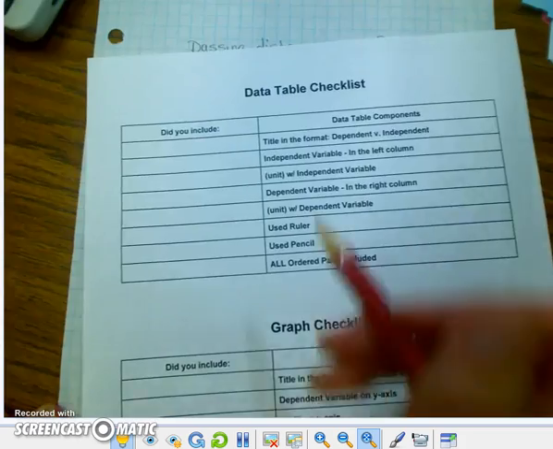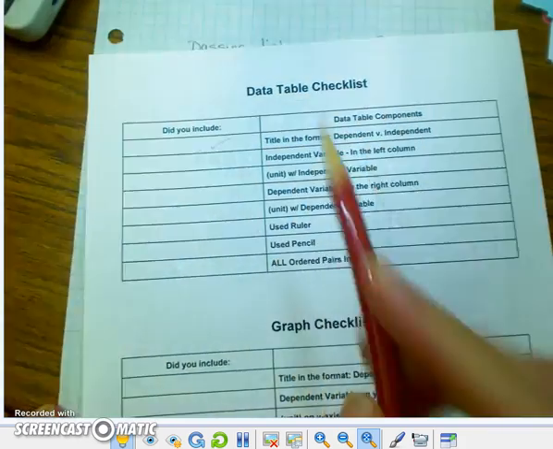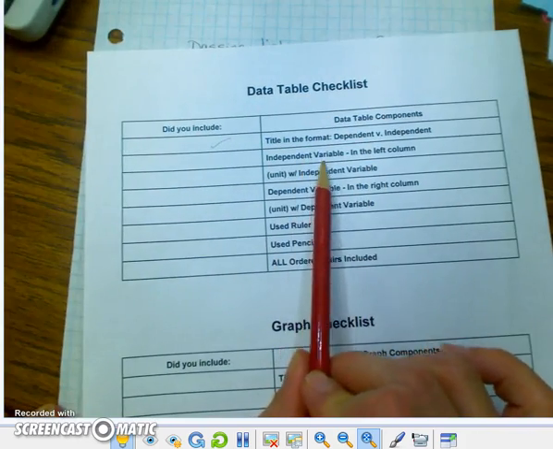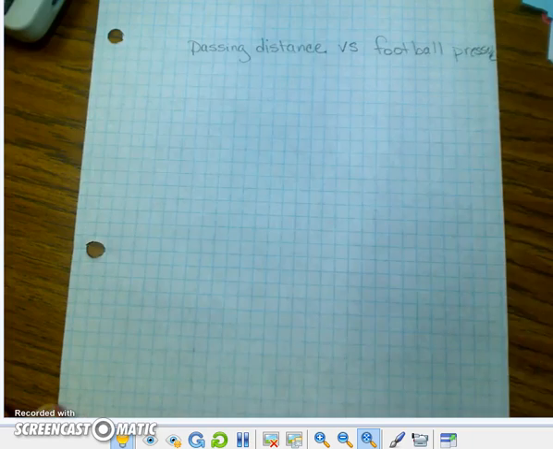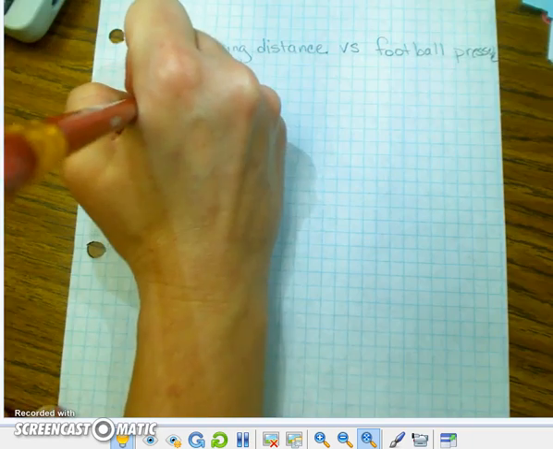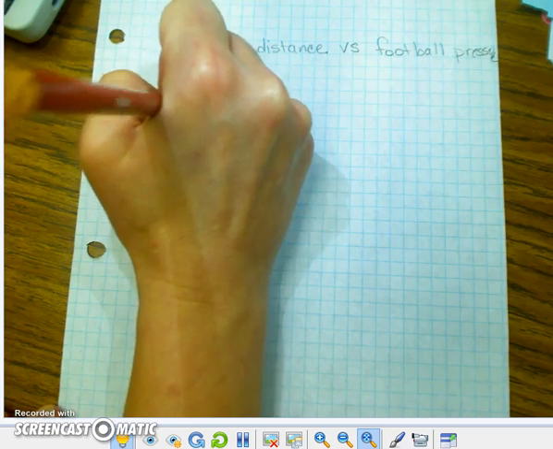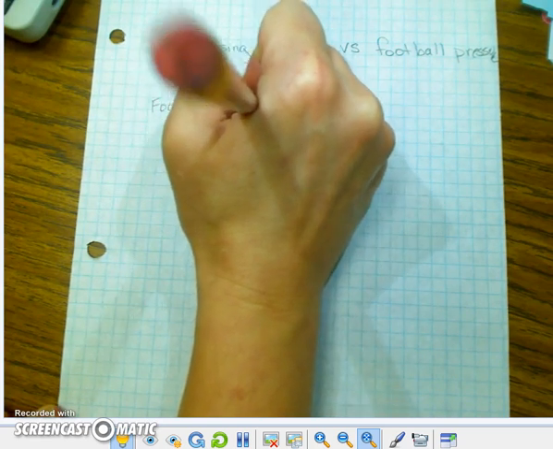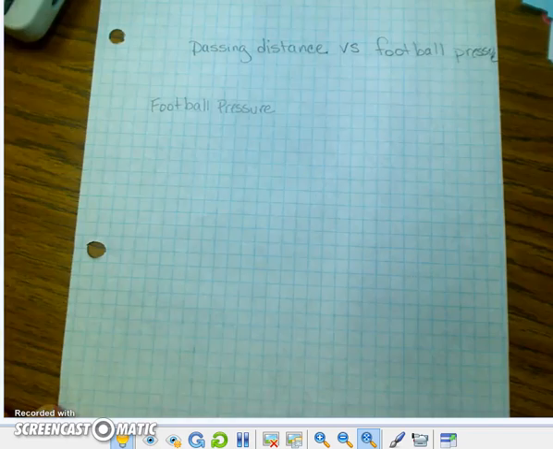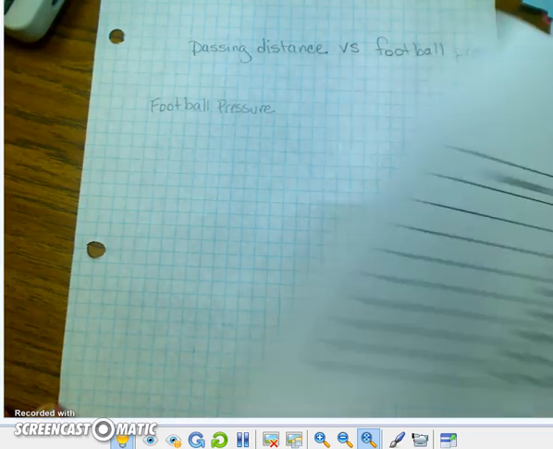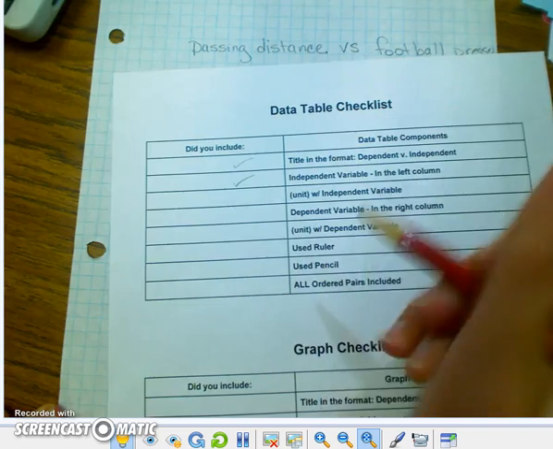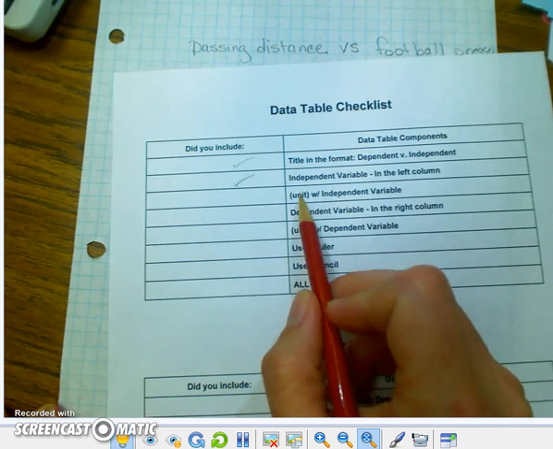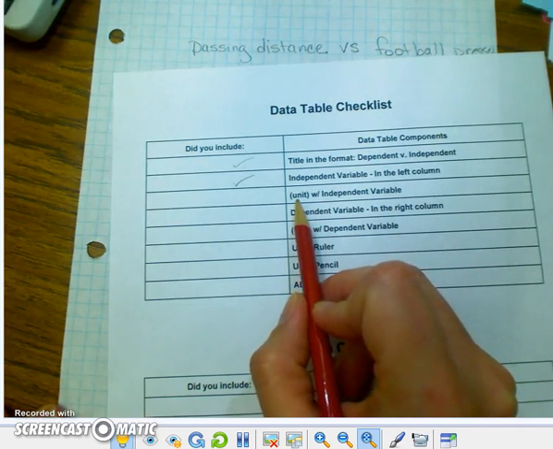All right, so my first thing is done. Now it tells me my independent variable is in the left column. So I'm going to write football pressure over here on the left. And I'm glad I checked my list. I also need to put in the unit.